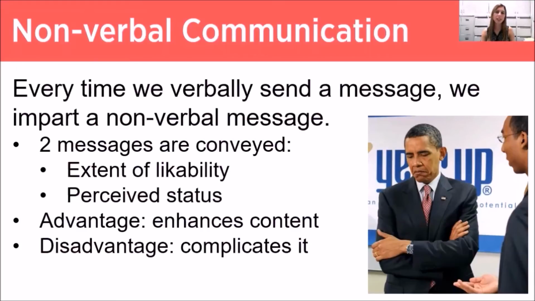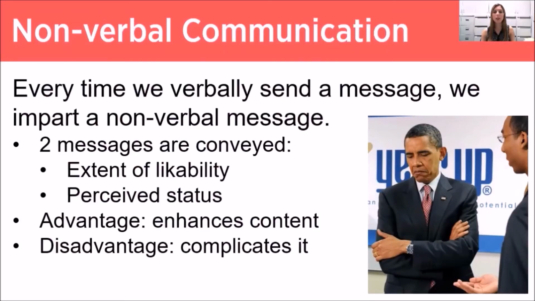The advantages are that nonverbal communication does enhance the meaning of our message. Every body movement has a meaning to it, and rarely are these produced consciously. We act out our states of being with nonverbal body language.